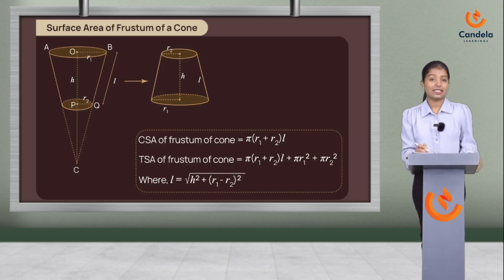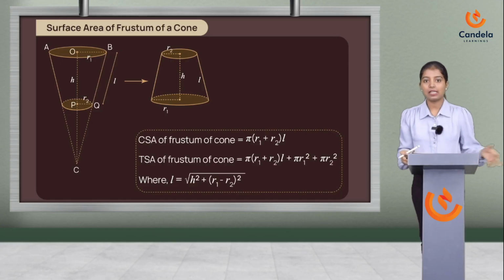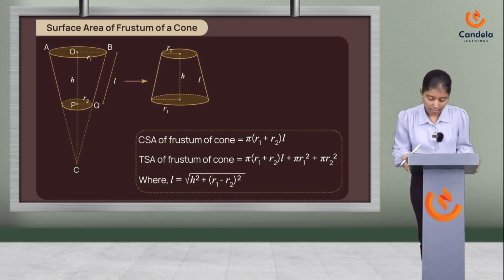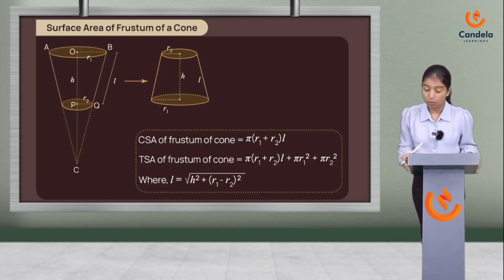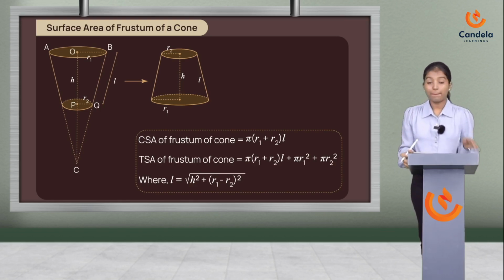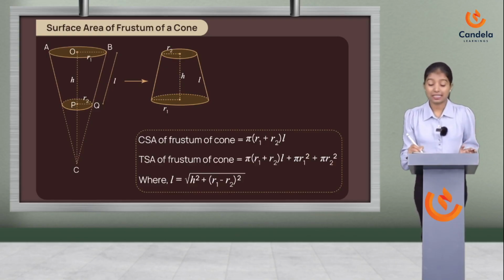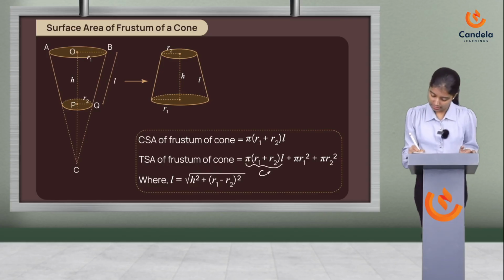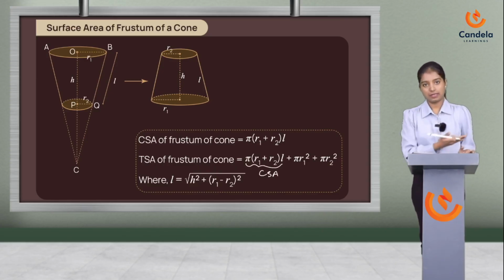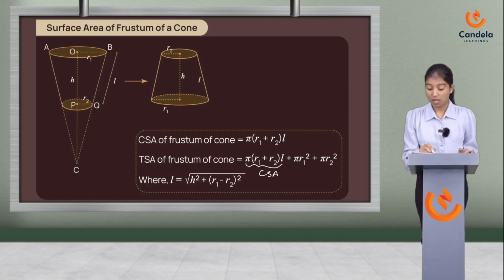Now TSA stands for total surface area, right? Along with the curved surface area, we have to add the base as well as the top area. So TSA of frustum of cone, that is total surface area of frustum of cone, is equal to pi into (R1 plus R2) into L, that is nothing but our CSA, plus the area of the base, that is pi R1 square, plus area of the top, that is pi R2 square.